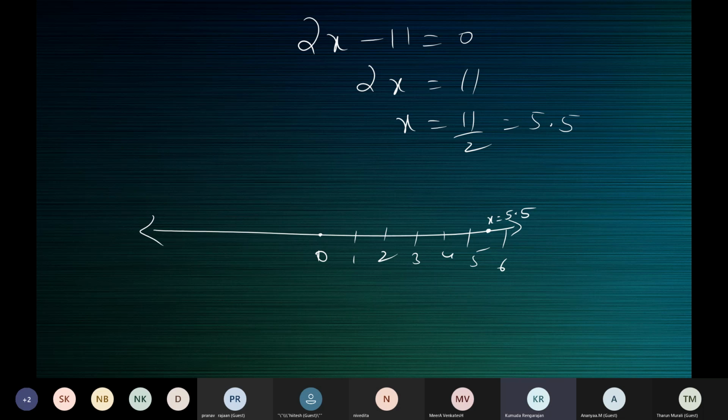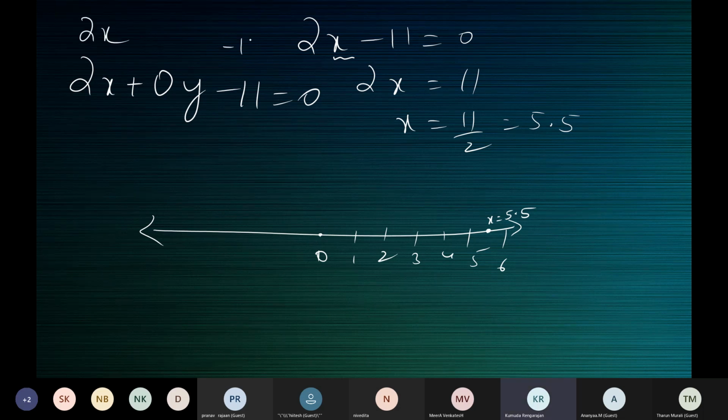Now the same equation, a linear equation in one variable x, can be treated as a linear equation in two variables x and y like this. Please recall this. See here, 2x minus 11 is equal to 0.